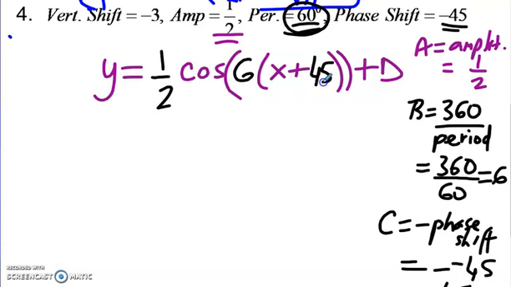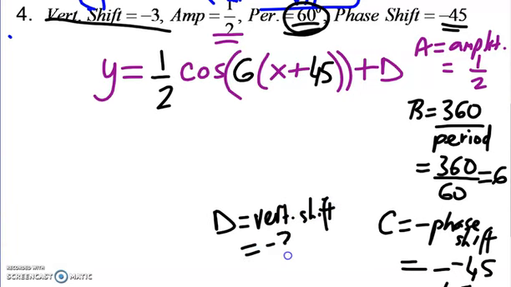And then the d value is the same as your vertical shift. Vertical shift is negative 3, so my d value is negative 3. So I can erase that and then put in negative 3. And just like we did in the last problems, we don't really know if this is a positive cosine, so it's going from peak to peak, or is it going from valley to valley.